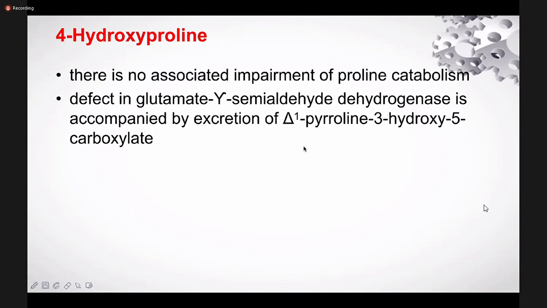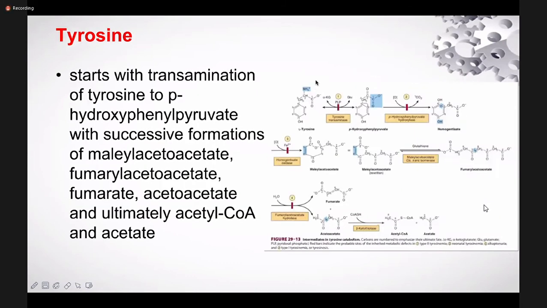Next amino acid is tyrosine. Tyrosine starts with transamination to hydroxyphenyl pyruvate, with successive formation of maleyl acetoacetate, fumaryl acetoacetate, fumarate, acetoacetate, and ultimately acetyl-CoA and acetate.